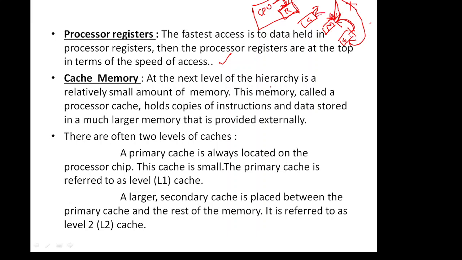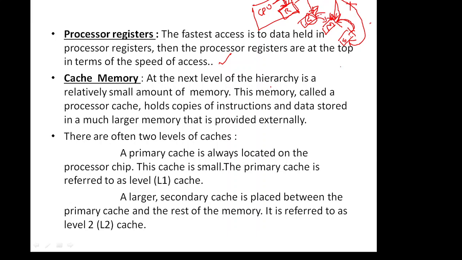If the CPU wants it, it will directly take it from the cache memory. In the cache, if the data is not present, then only it will go for the main memory. So the access time is going to be very fast. Why? Because the cache contains fewer instructions, so that it can fetch the instruction very easily.